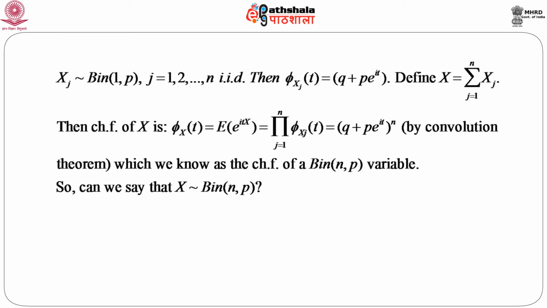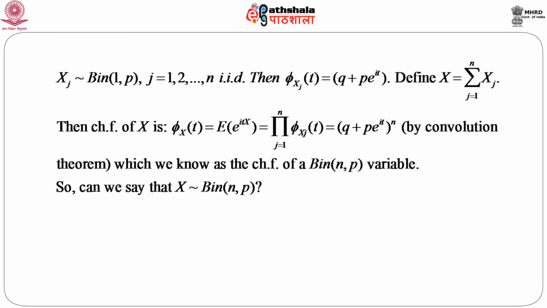It becomes the product over j equals 1 to n of the expectation of e to the power i t X_j, which is nothing but the product over j equals 1 to n of phi_{X_j}(t). And if you replace this phi_{X_j}(t), which is q plus p e to the power i t, then this becomes (q plus p e to the power i t) whole to the power n. Actually, we can say that we get this just by the convolution theorem.